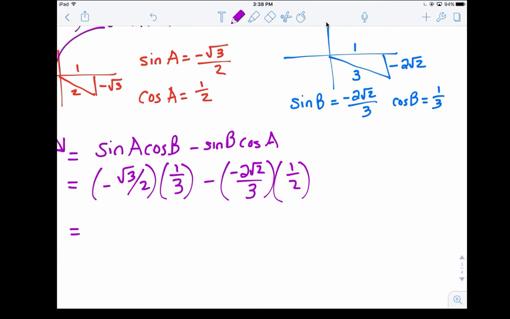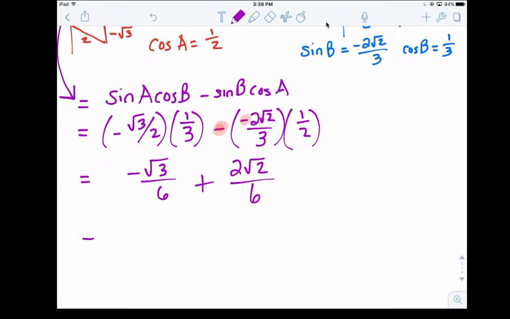So you're just multiplying through now. It's negative root 3 over 6 plus, now it's becoming a plus because you have two negatives, here and here. So just pay attention to that when you're working it out on the test. So you got 2 root 2 over 6.